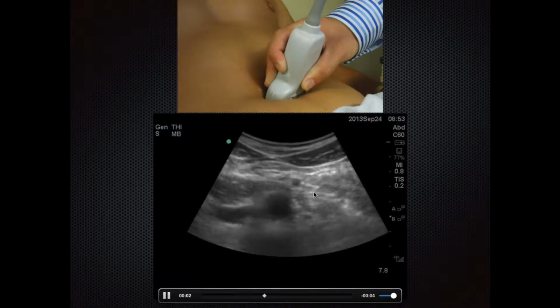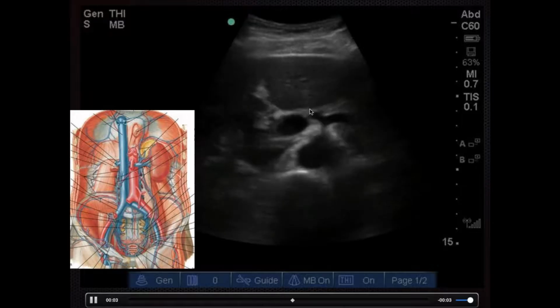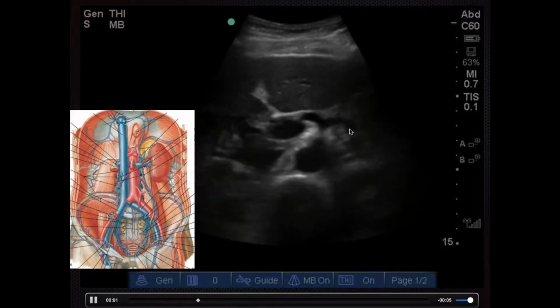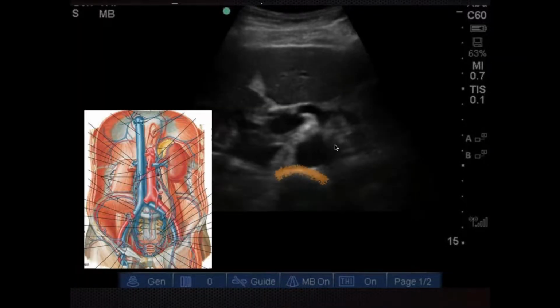Just to briefly touch on what the anatomy looks like. Again, at the point where the celiac axis has those 2 branches, you can see that right there. But really the main teaching point I want to make is to never call any circle in the abdomen the aorta until you can convince me that you have found the spine, because you don't want to be mistaking this for the aorta if your depth wasn't deep enough.